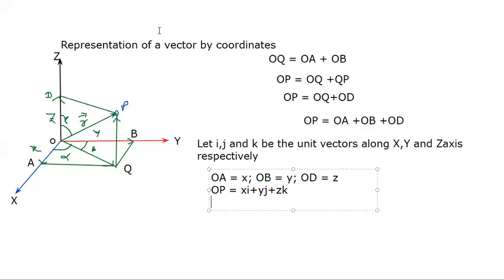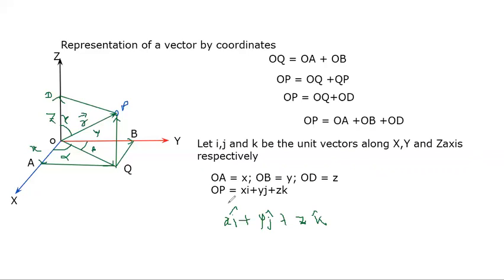I am trying to show you how it is expressed. This is how it is written actually, so that you can write this in your copies and examinations.